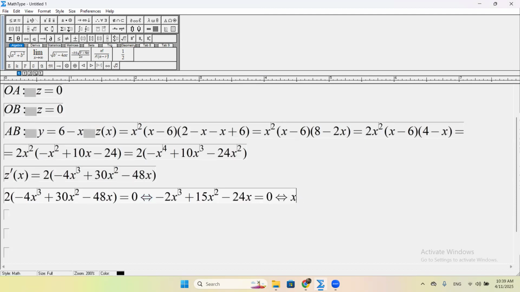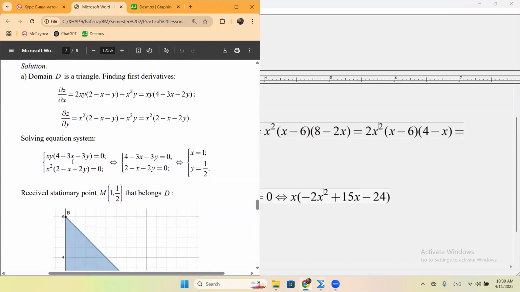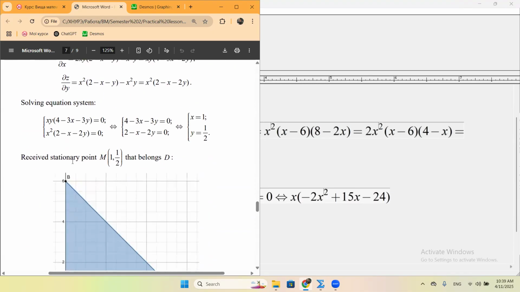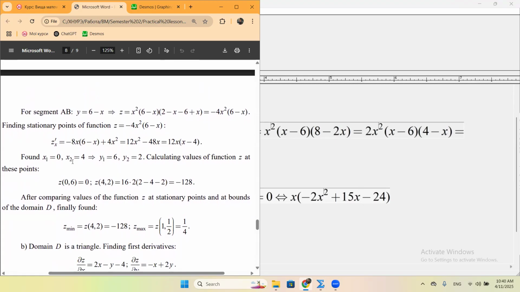So x by minus 2x squared plus 15x minus 24. And by the way, we can actually find the solution here.